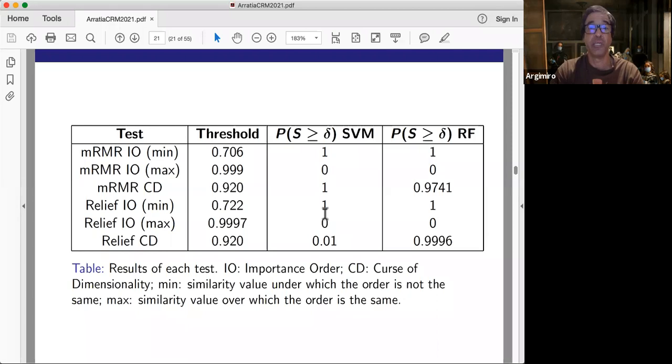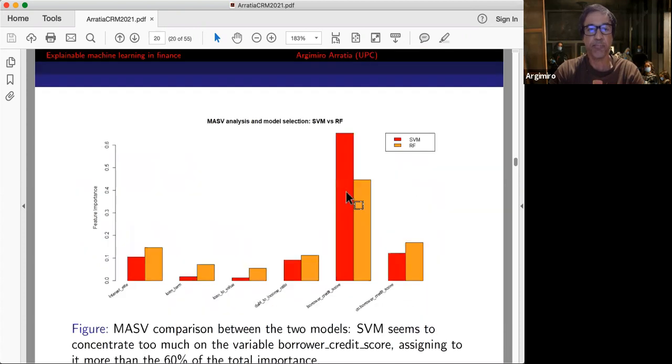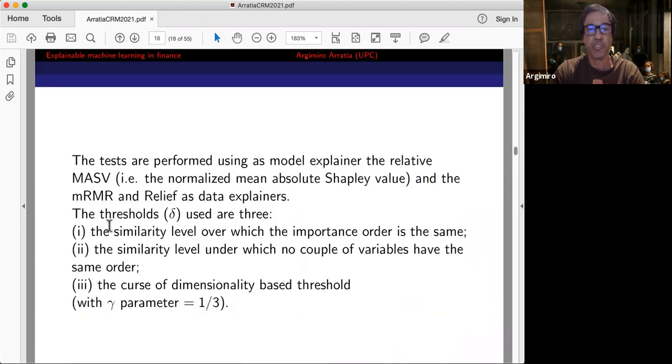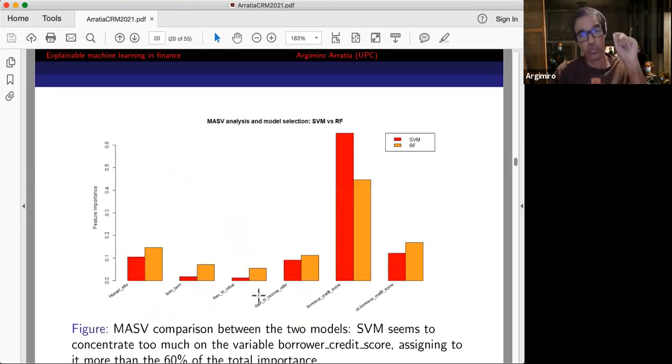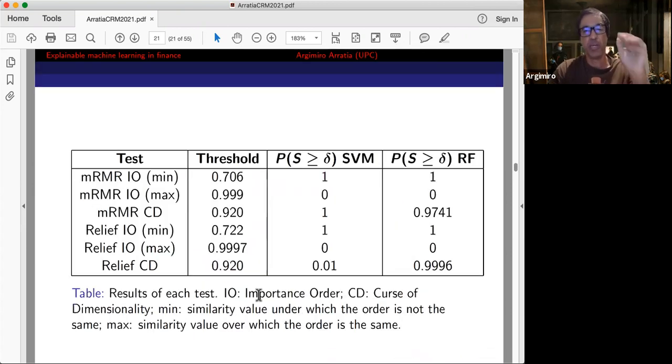And now by doing the different thresholds, we see here that test one is passed by both models. Remember, test one is the similarity level over which the importance order is the same. Test two is the similarity level under which no couple of variables have the same order. And the third is the curse of dimensionality. So setting my delta, my level of similarity for where the importance order is the same, both models pass it.